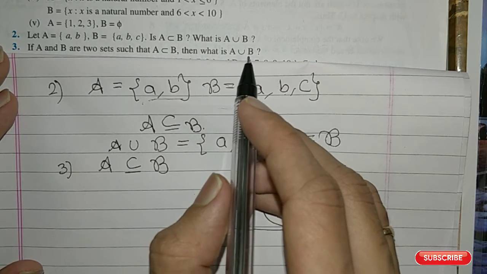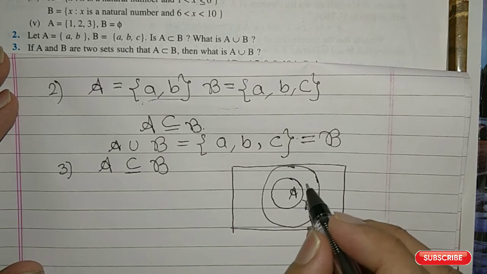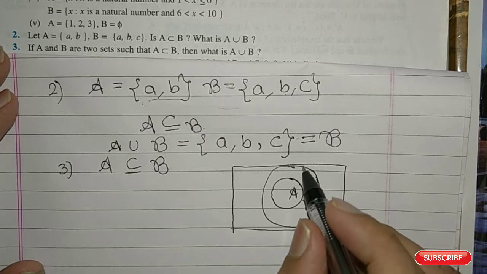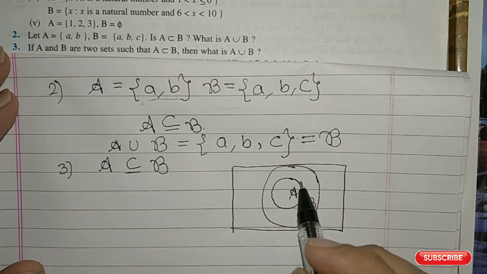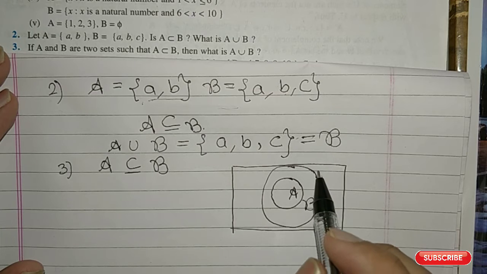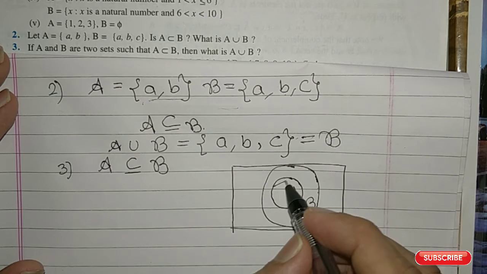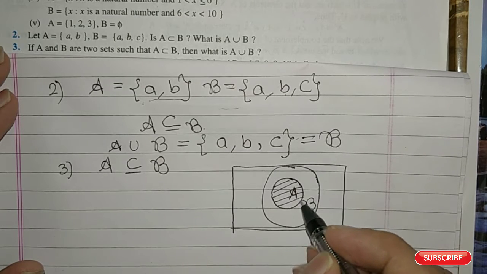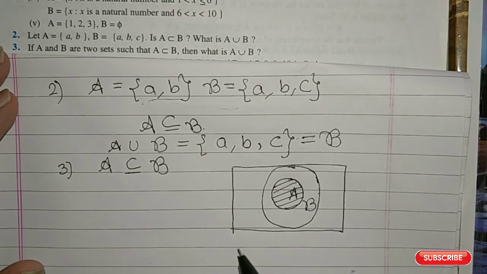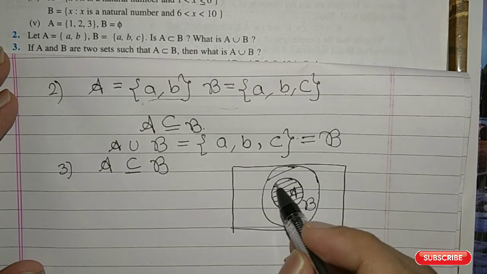So this is the set A, and this is the set B. A union B means all the elements of A and all the elements of B. All the elements of A means all this, and all the elements of B means all these.